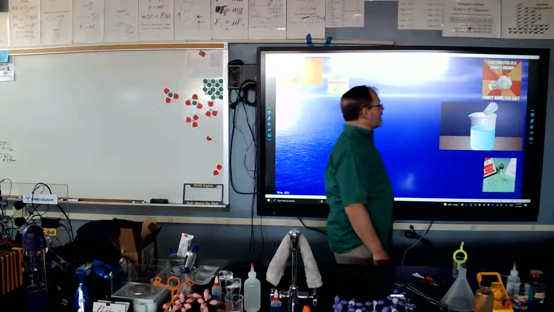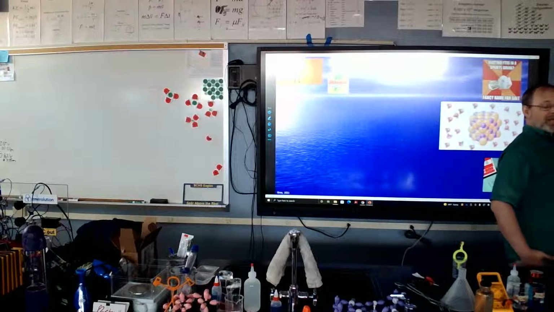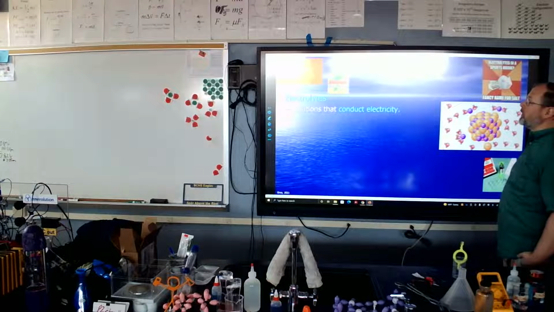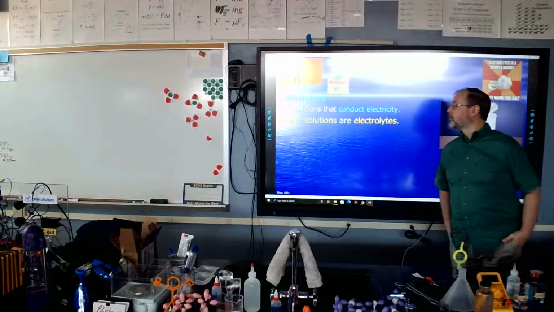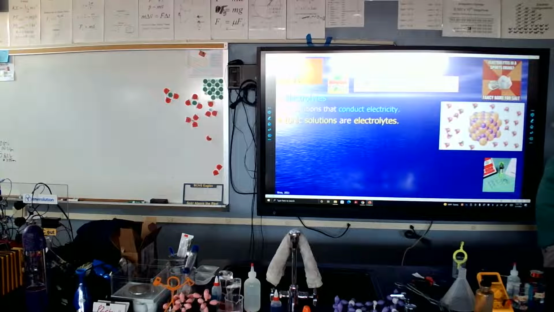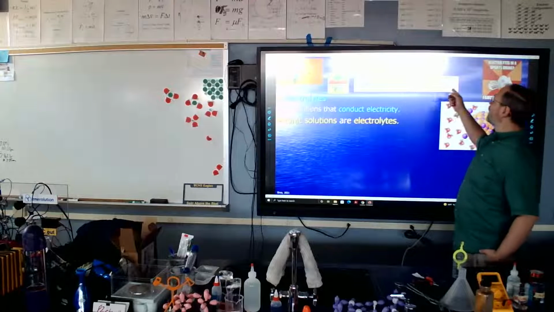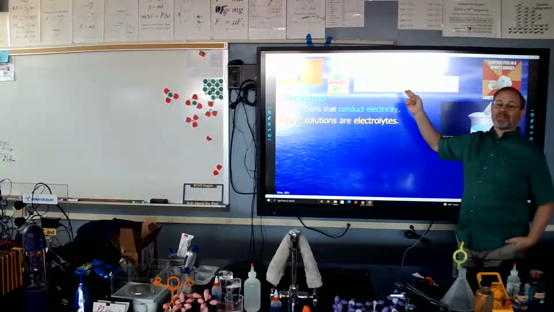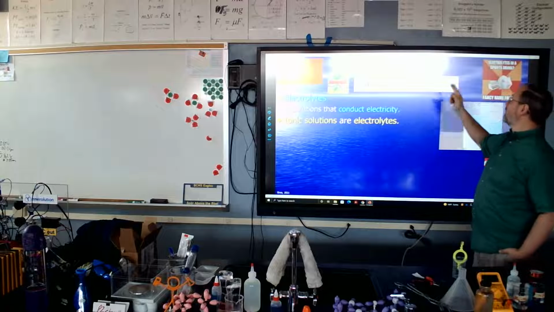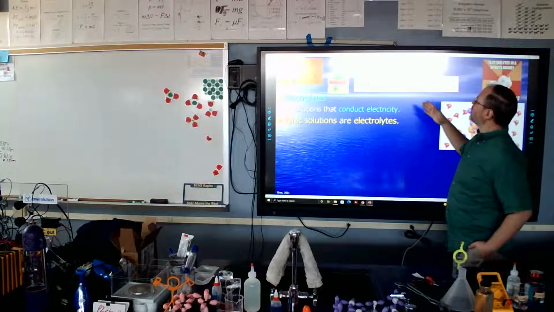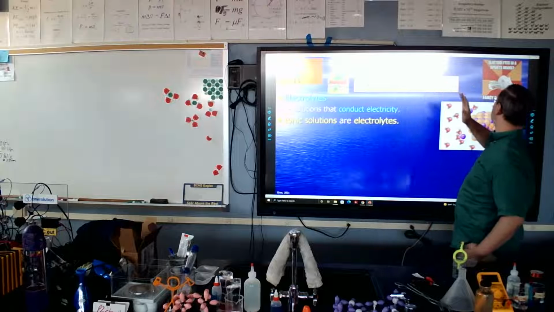We're going to look at electrolytes tomorrow. Electrolytes are solutions that conduct electricity because they contain salts. Salts are just anything that has a positive and negative ion. Remember, the positive ion is called a cation, and the negative ion is called the anion. So a salt is anything that contains a cation and an anion.